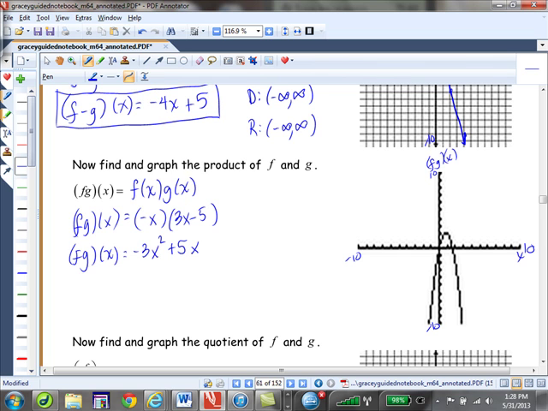And so notice this time we were multiplying them together and we got a parabola. Again, our domain is the overlap of the two domains, which is negative infinity to infinity. And the range, if you take a look at it, ends up being a little bit over 2.